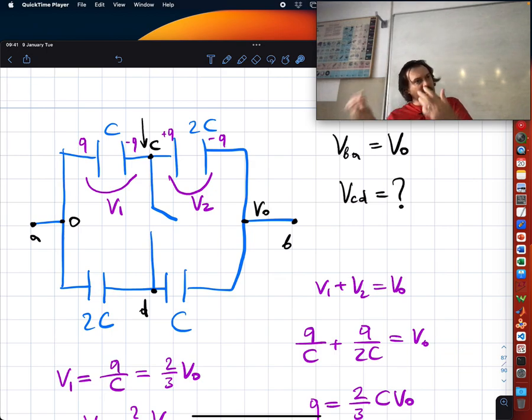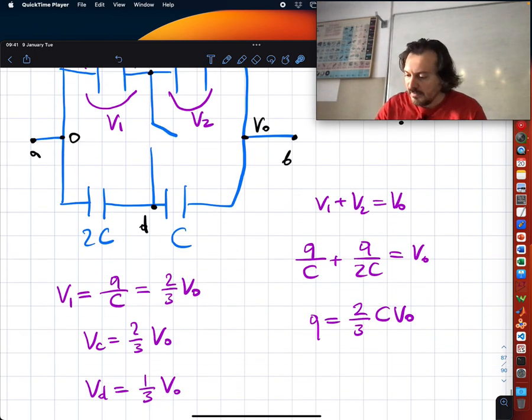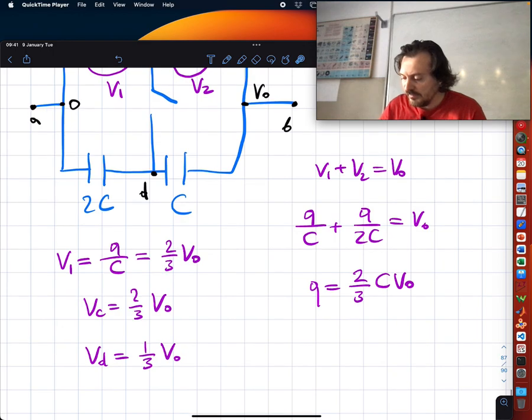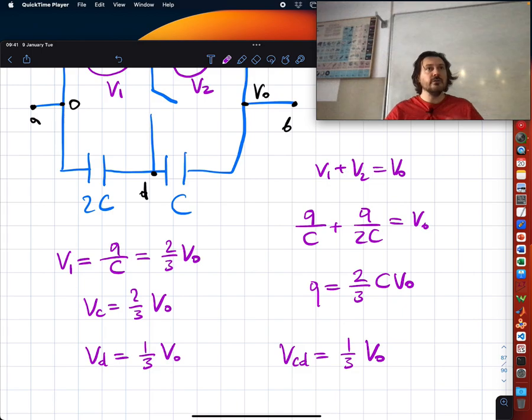But in capacitors, the potential is distributed inversely proportional to the capacitances. Because of that, this will get less voltage. So VD is one third of V0. So VCD is 1/3 V0. So far, so good? Do you understand this solution?